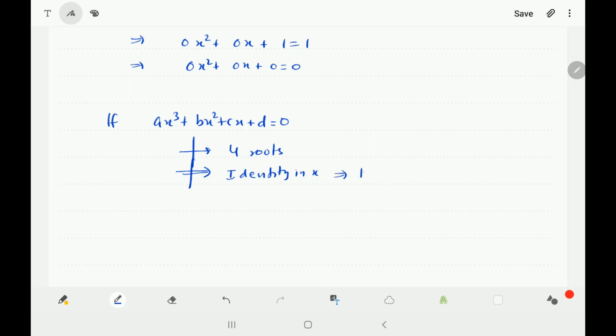It will have infinite roots, and this equation will be of the form 0x³ + 0x² + 0x + 0 = 0. I hope this concept is clear.